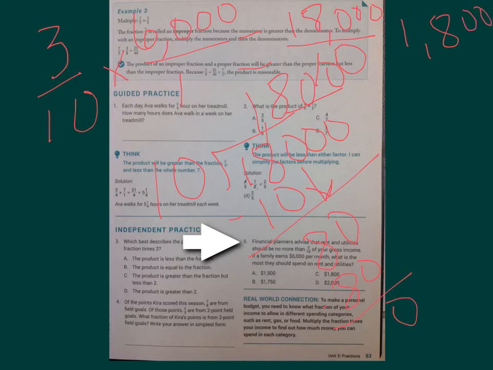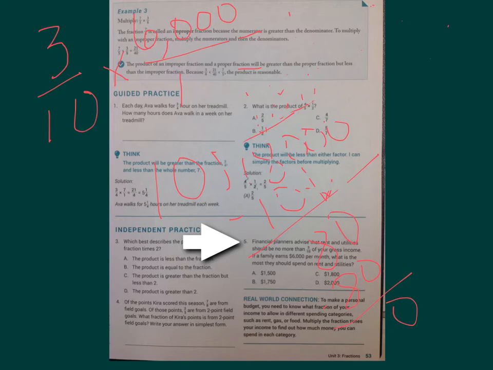Now, if we did it where we went into simplest form, let's do this real quick. All right, so we can simplify this. Because we know 10 and 6,000 will divide into each other, we can do that by 10.